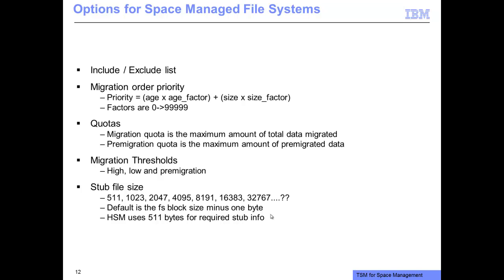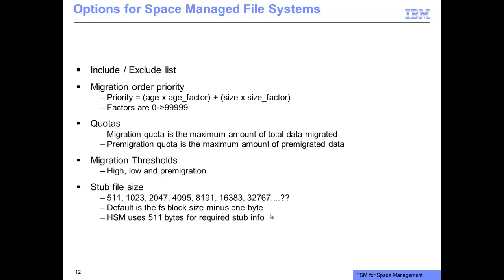And these are quotas that are based on the file system utilization. So you'll want to set up a quota for the high level. Once your file system reaches this high threshold, we'll then take a look at the files underneath it and figure out the best ones based upon the priority formula we just talked about. And it'll migrate those files until you hit the low migration threshold.